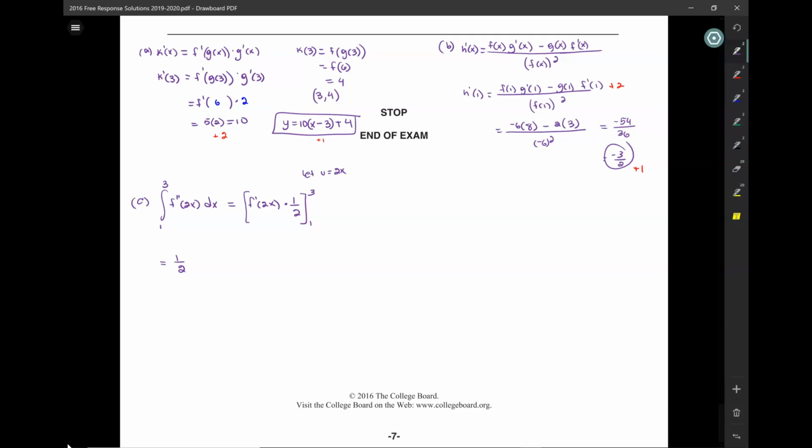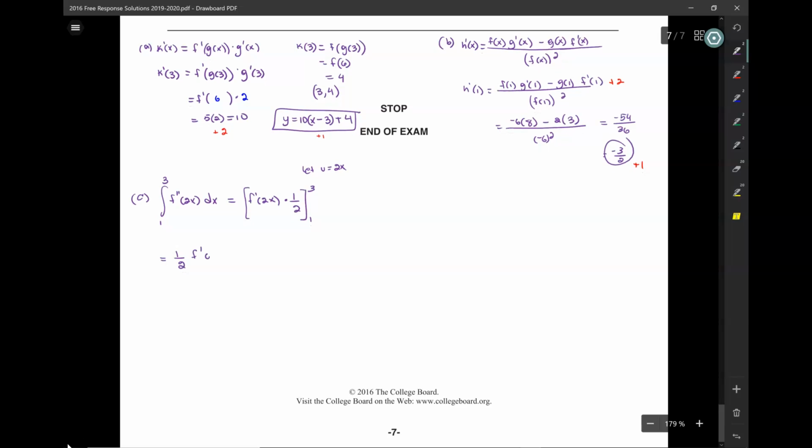And then look, it's f prime of 2x. So f prime of 6 minus f prime of 2, all in parentheses. So this is 1/2. F prime of 6 is 5. F prime of 2 is -2, so 5 plus 2, 7 over 2.